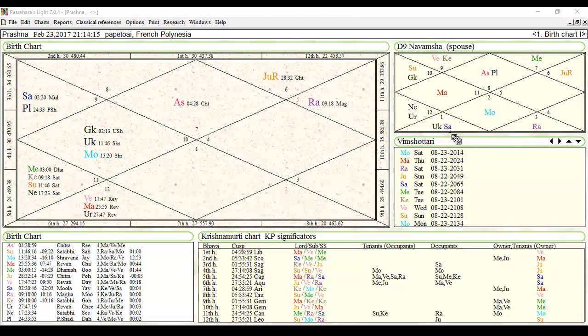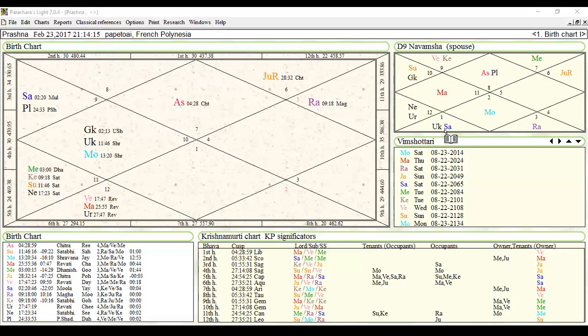Not only is it debilitated, it's debilitated in a negative house. But mostly it is debilitated. So the fruits that this Saturn can offer are limited. When a planet is debilitated, like Shakespeare says, or I think it's Shakespeare, the world is too much with us. Meaning the world weighs heavy on such a person.